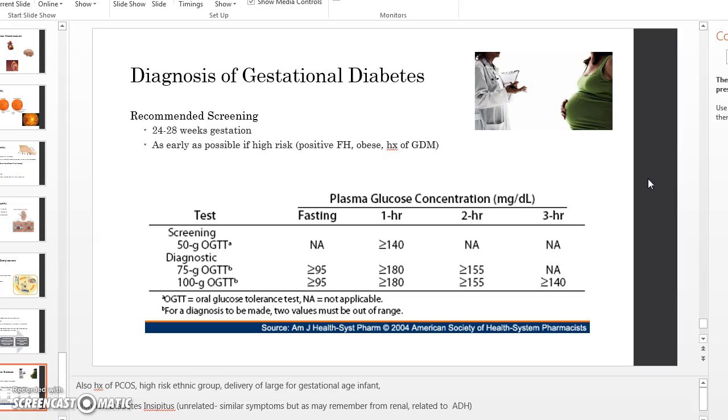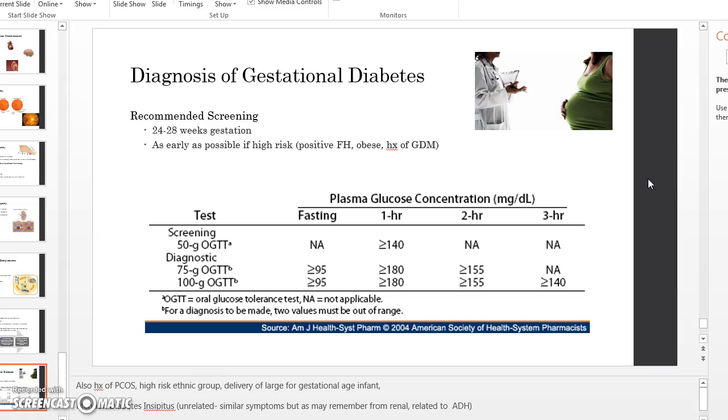The diagnosis of gestational diabetes usually occurs around 24 to 28 weeks of gestation. The earlier the diagnosis possible, the better. High-risk patients, so positive family history of gestational diabetes, if they're obese or they've had history of gestational diabetes with a previous pregnancy, should be screened as early as possible.